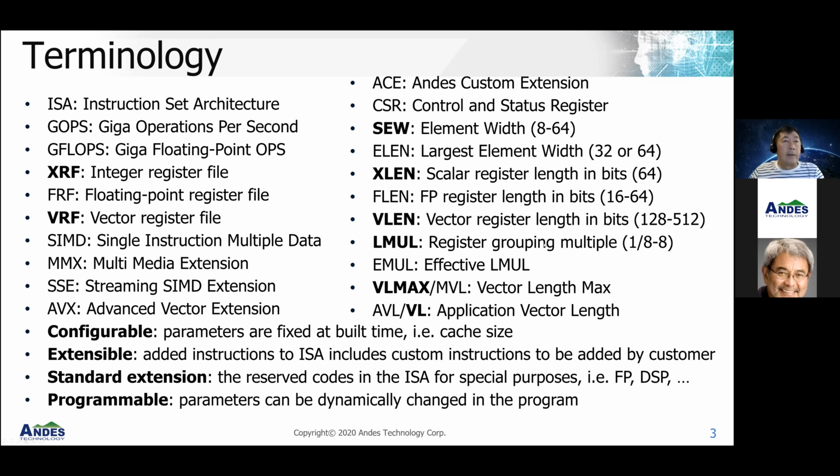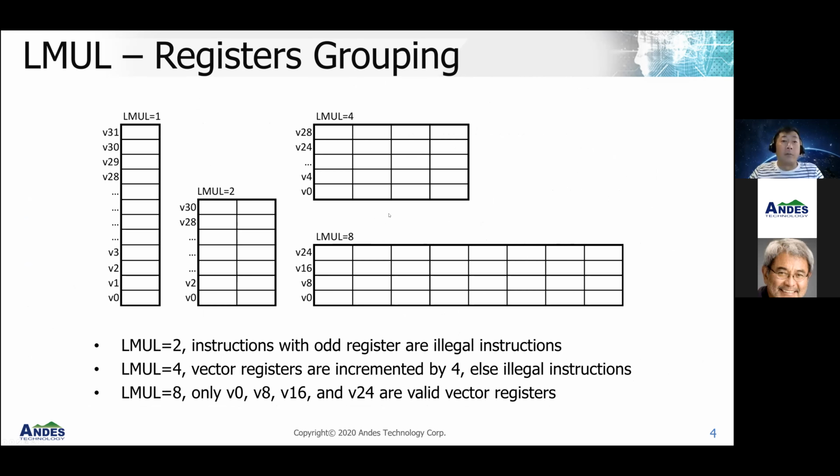This is the slide from the last webinar, to remind you that when LMUL equals 1, we have 32 vector registers, and each one of these is 512 bits. When LMUL equals 2, we only have 16 vector registers, all even numbered, and the width of each is 1,000 bits. When LMUL equals 4, we come down to 8 vector registers with a width of 2,000 bits. When LMUL equals 8, we only have 4 vector registers total, and the width is now 4K bits.